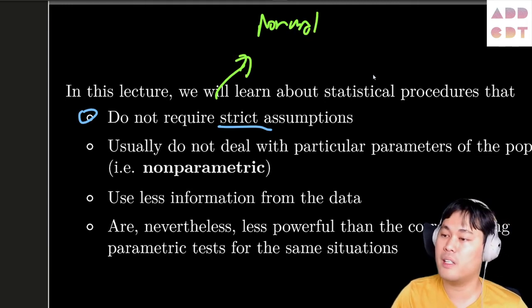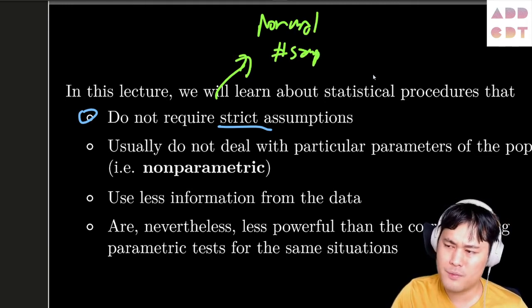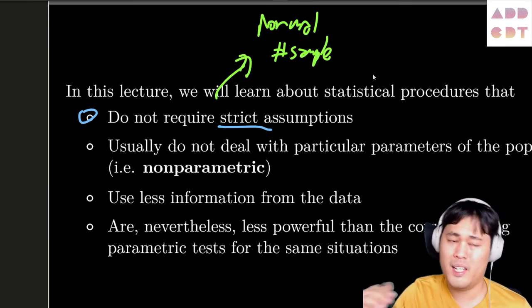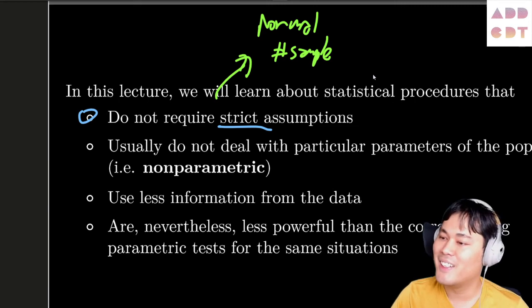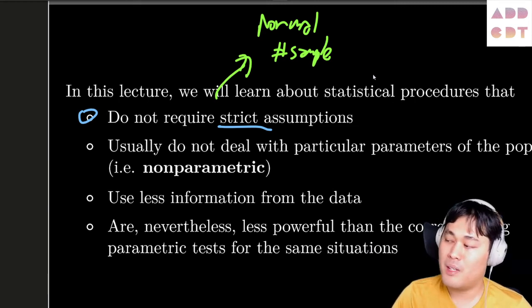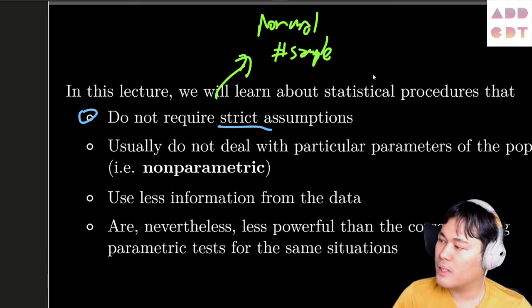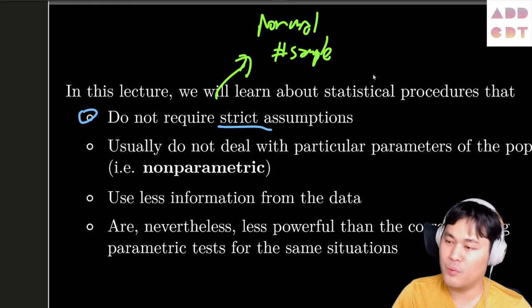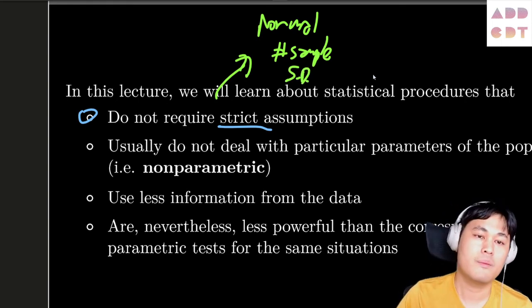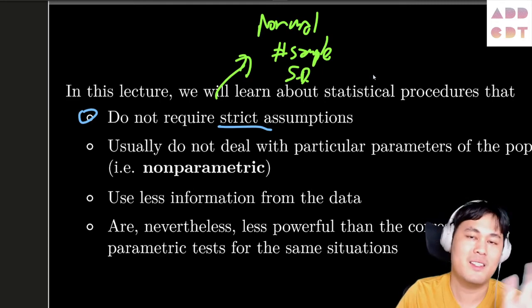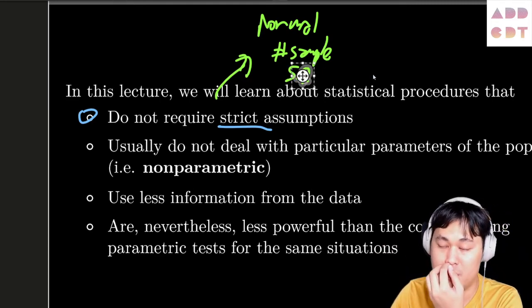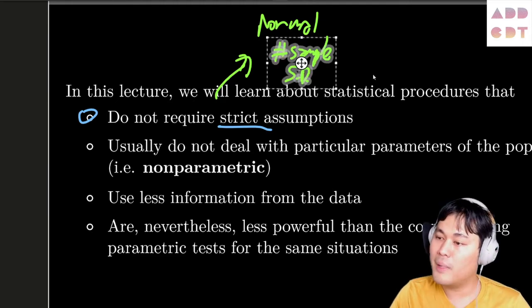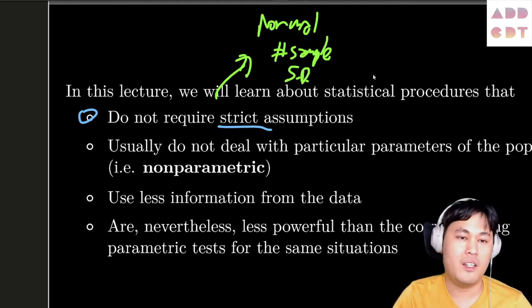We have to assume that the number of samples is large enough, at least 30 or 35, depending on what college you are from. And maybe we have to assume something else, like that we know the standard deviation in advance, which usually doesn't make sense, but these are necessary assumptions. Today we don't need any of those.